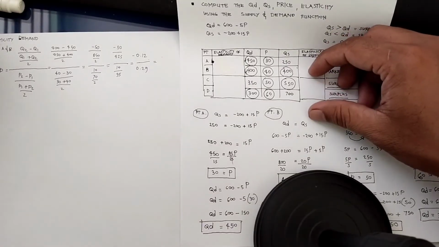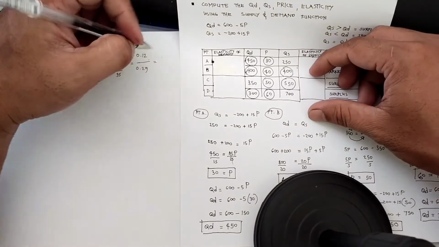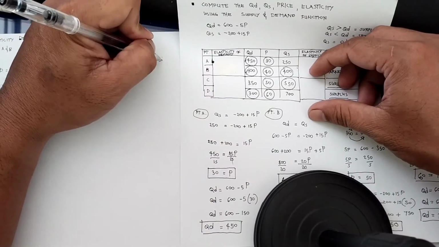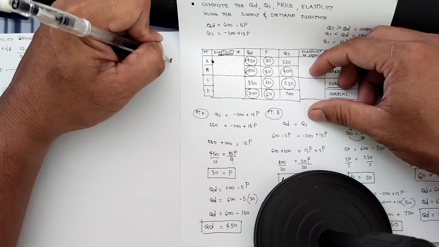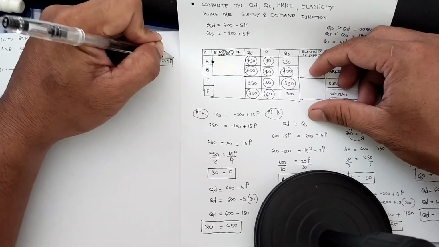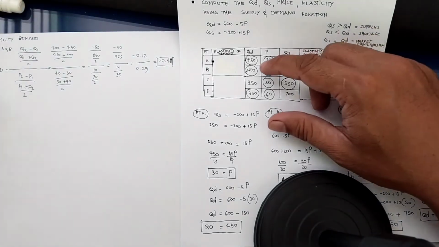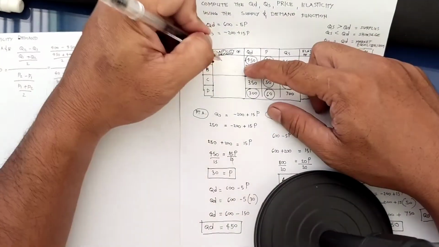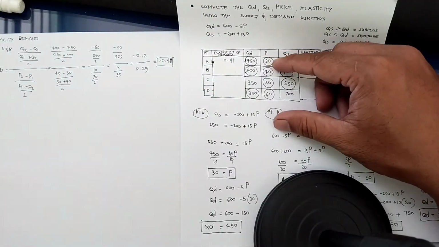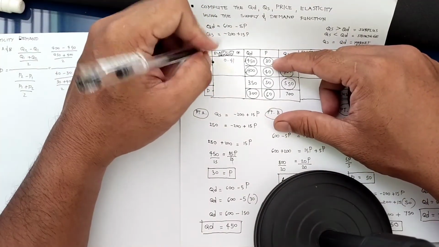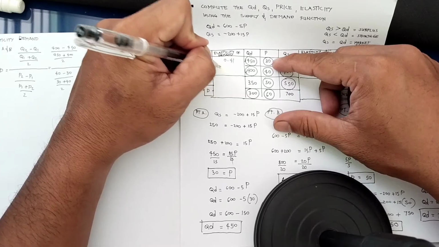So that is 0.4137, or negative 0.41. Okay, so our answer is negative 0.41, and that means inelastic demand.